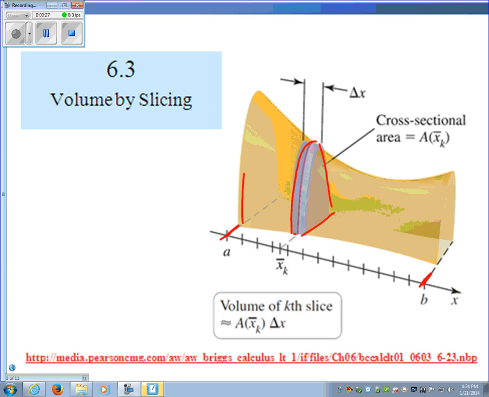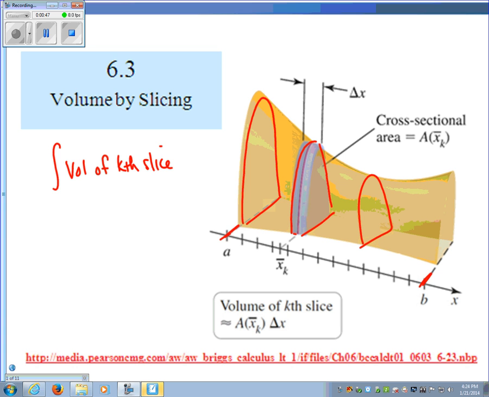And so I'm going to integrate to get the sum of all of those volumes. So find the volume of the k slice and then integrate it from x equal a to x equal b.